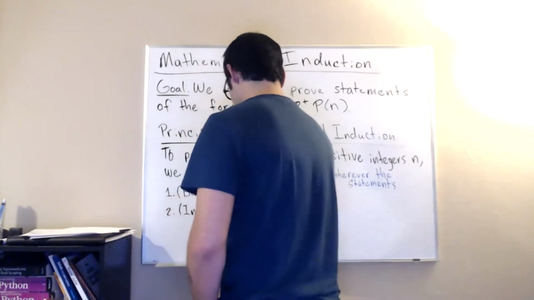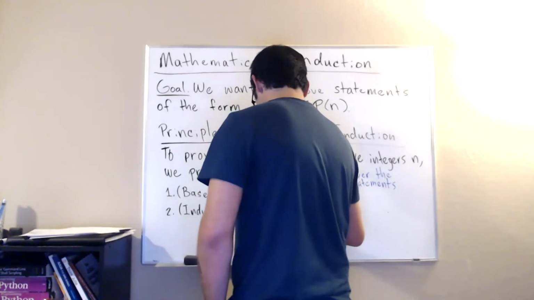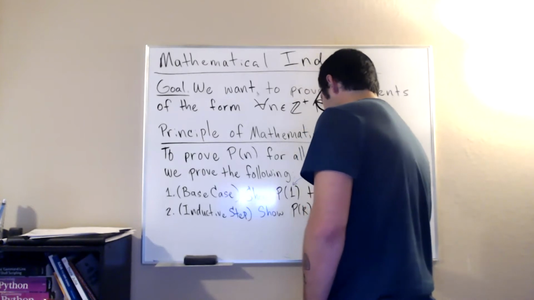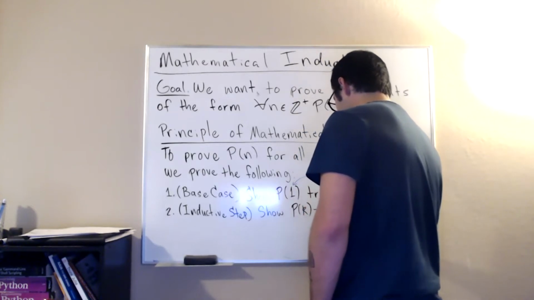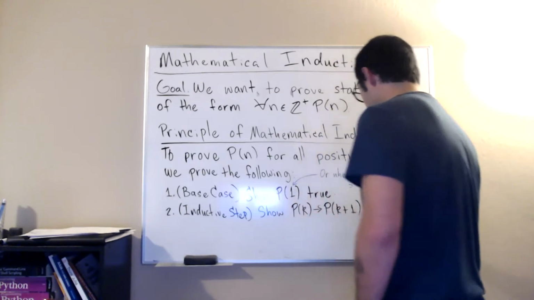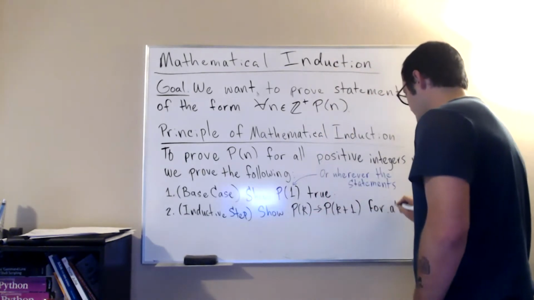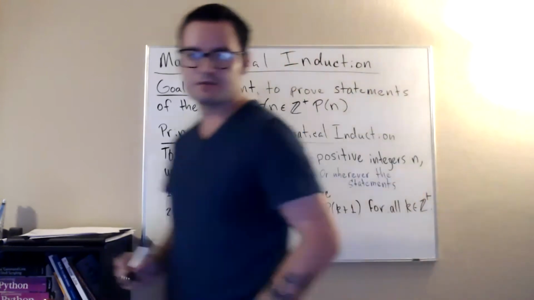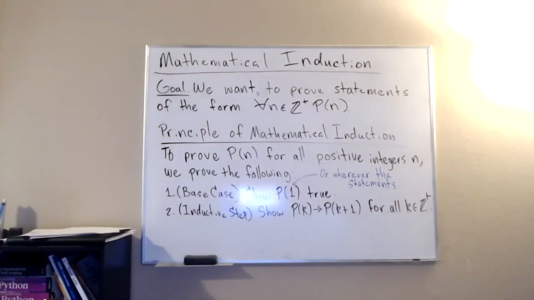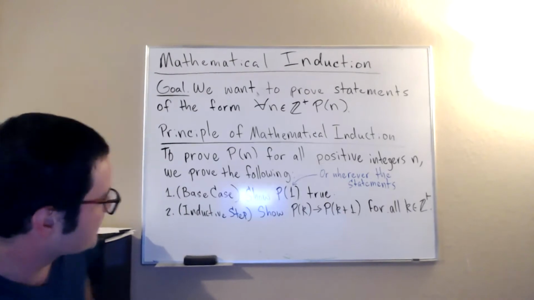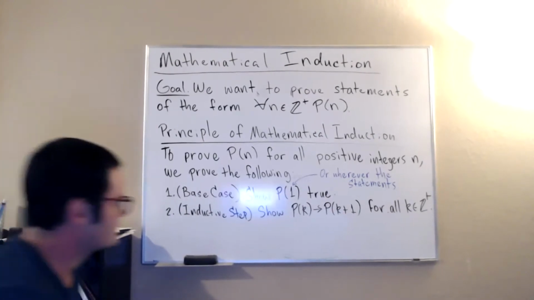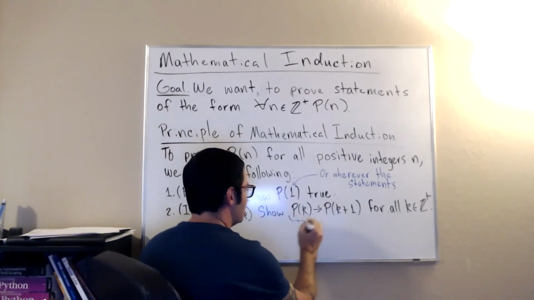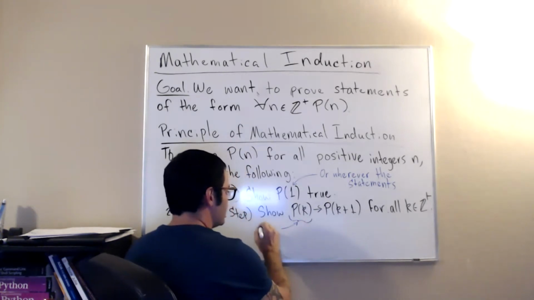Show P of k implies P of k plus 1 for all k positive integers. And now here, this statement in this conditional, P of k, is called the inductive hypothesis.